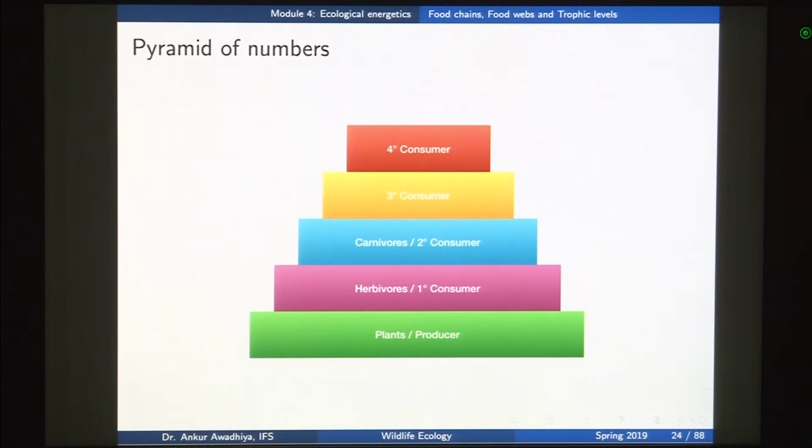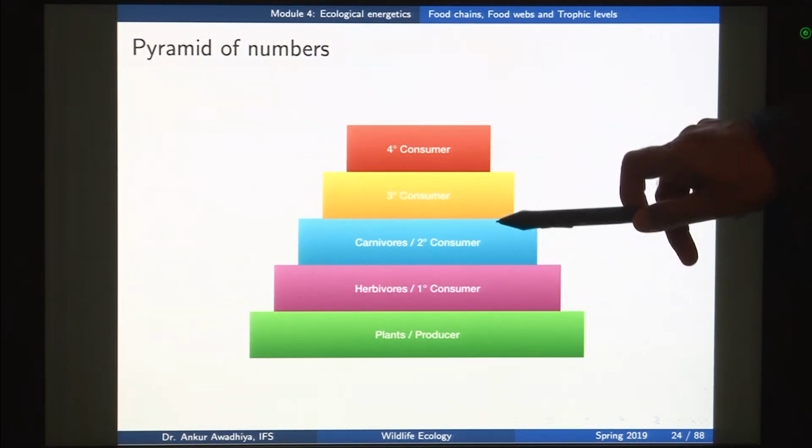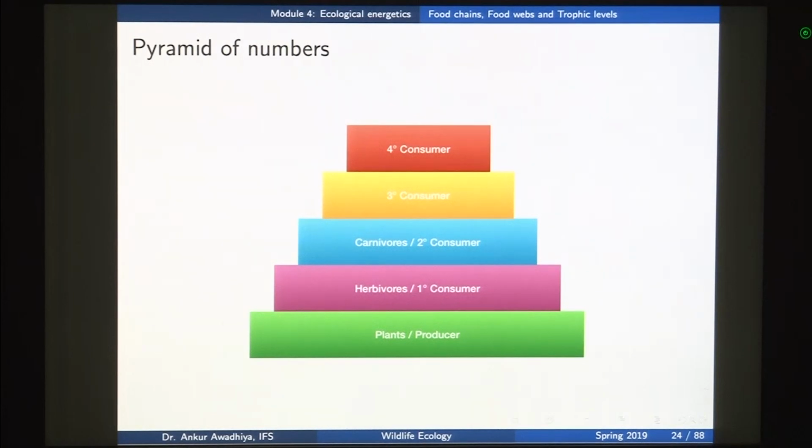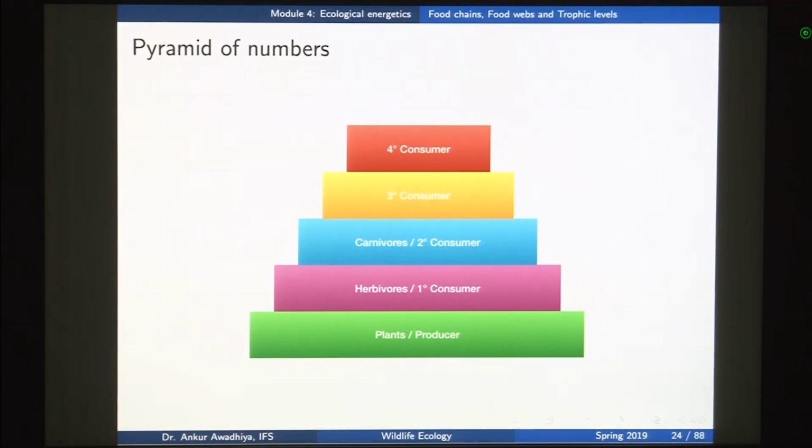Now, generally it is observed that the number of individuals goes down as we move up the trophic levels. For instance, in a tiger reserve like the Panna Tiger Reserve, you will have around 30-40 tigers, and that will form this upper block. But if you look at the number of their prey species, the cheetal or the sambars, they might go up into several hundreds or even several thousands.